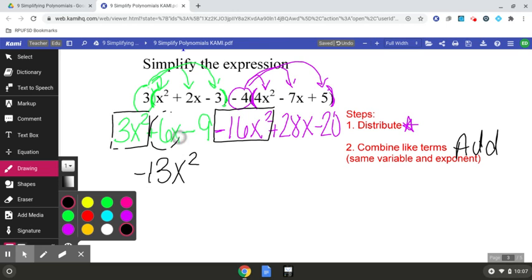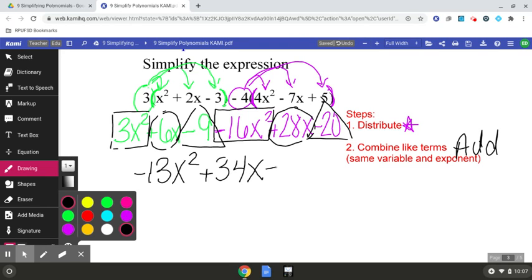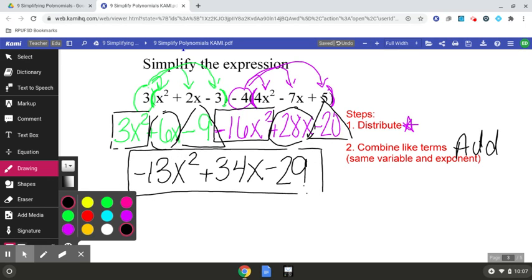Then we have 6x plus 28x, which would be a positive 34x. And then lastly, we have a negative 9 and a negative 20. And if we add those, we would get negative 29. And now that would be your answer because there's nothing more that you can combine.